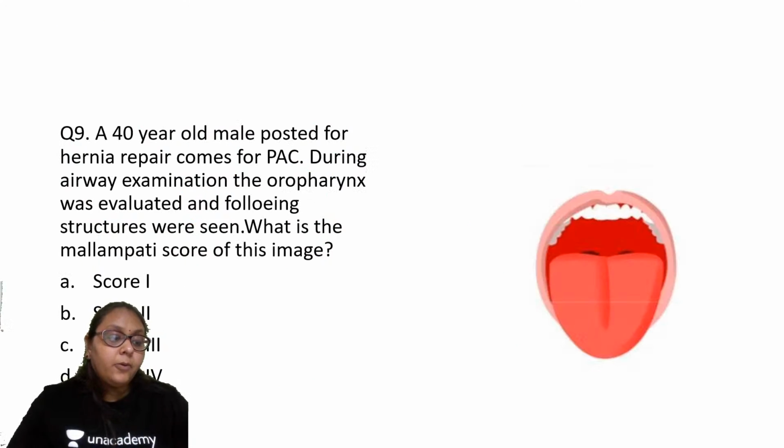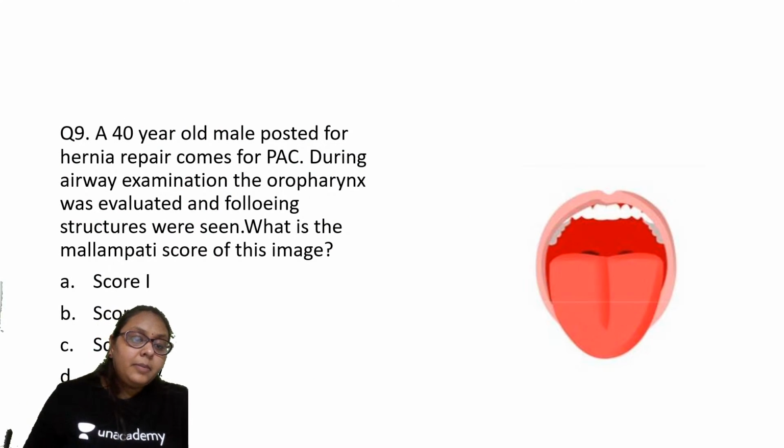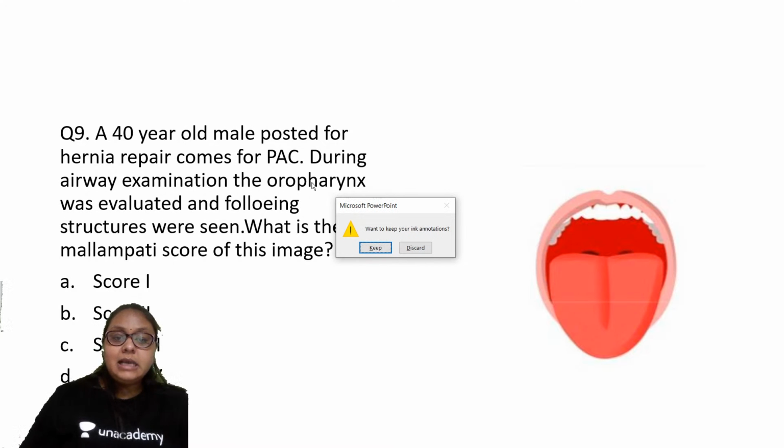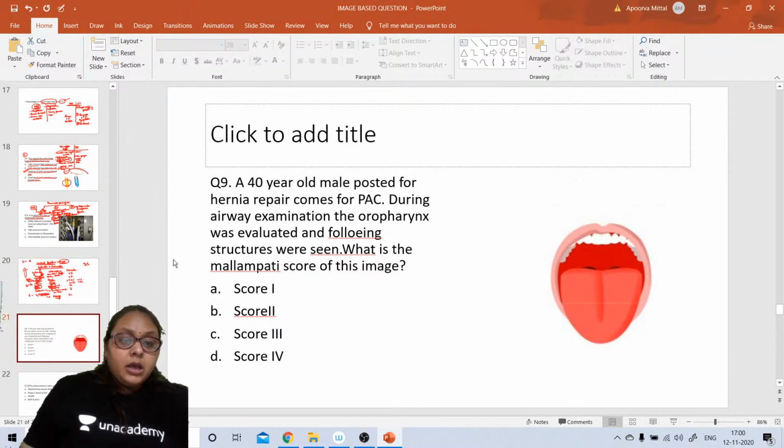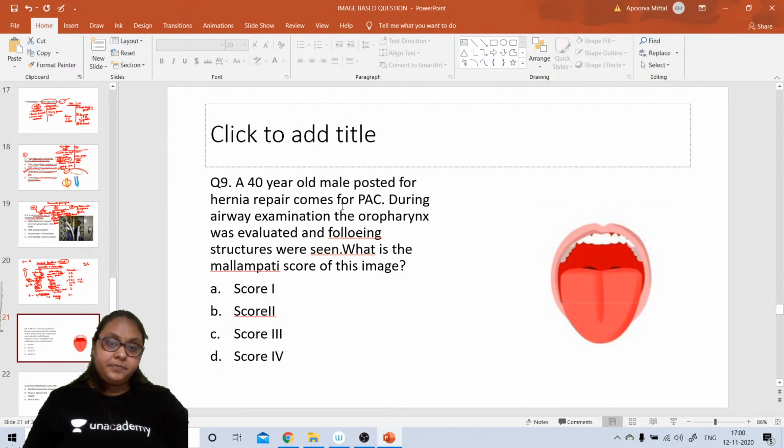Okay, now coming to the next question. Please answer this question. A 40-year-old male posted for hernia repair comes for PAC. During airway examination, the oropharynx was evaluated and the following structures were seen.